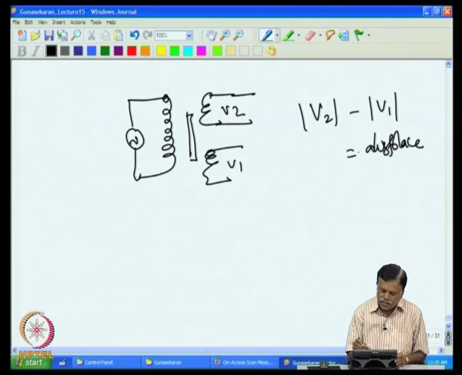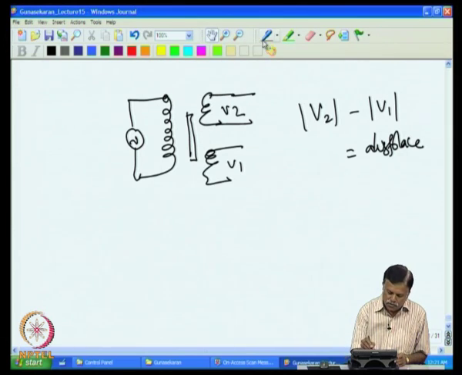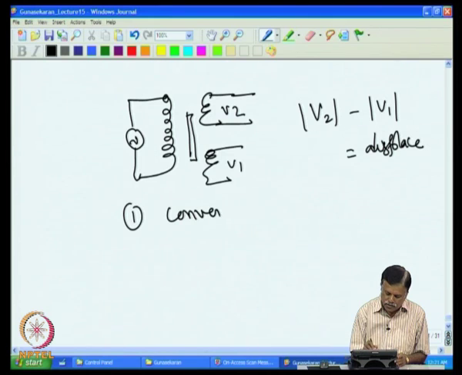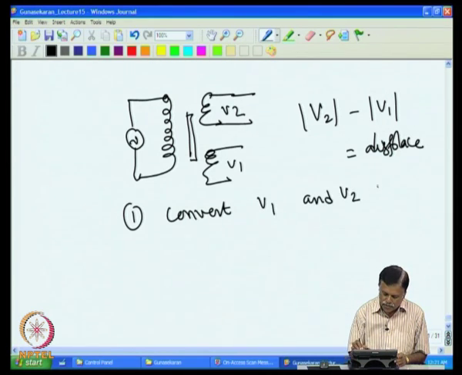That means I have to rectify this and make it DC, and this also I should rectify and make it DC, and then the difference between these two DC voltages will give me the displacement. That means what I have to do is convert V1 and V2 into DC.